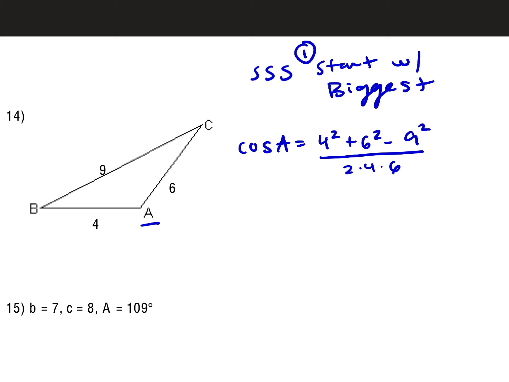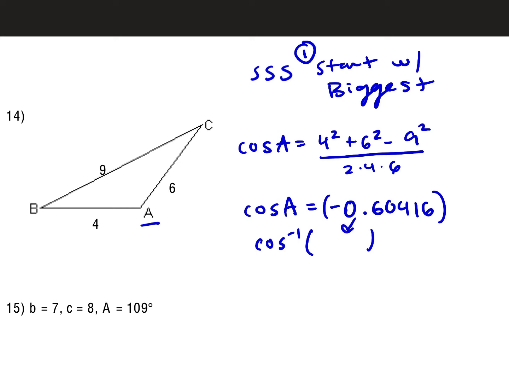All right, so then we put this into our calculator. So we get cosine of A is equal to what? So we take the inverse cosine of that, and so we'll just say 127.